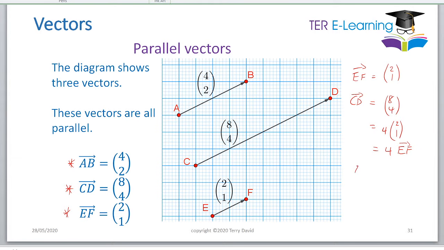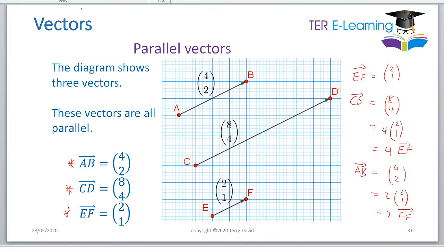Also, let's say AB. The vector AB is equal to 4, 2, but I can write that as 2, 1 with a 2 here. And this will be 2 times what the vector EF is. This may be looking trivial, but you get a lot of marks for this in the exam because sometimes we have to prove that two vectors are parallel.